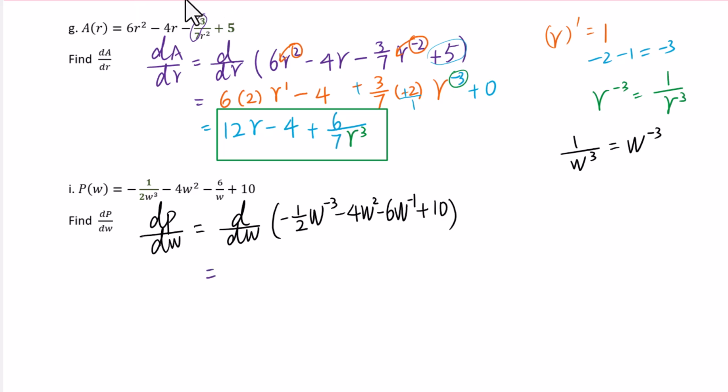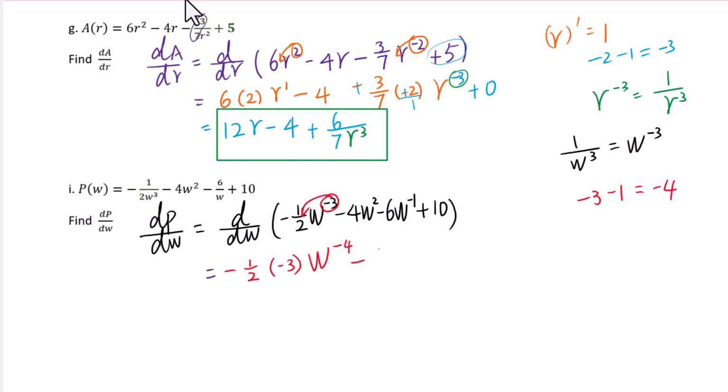equals, drop down the exponents, negative 1/2 times negative 3 w to the power negative 3 minus 1 equals negative 4.